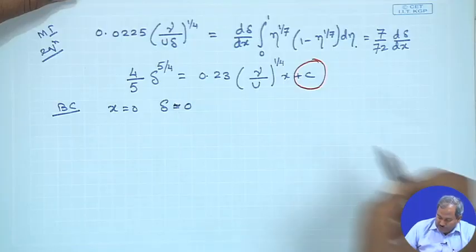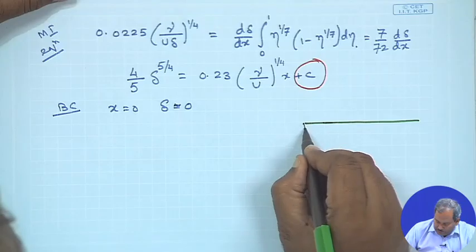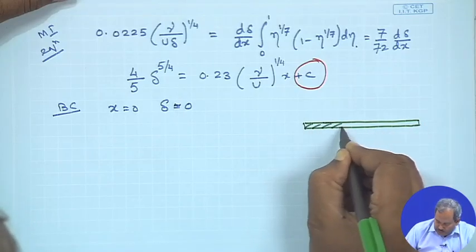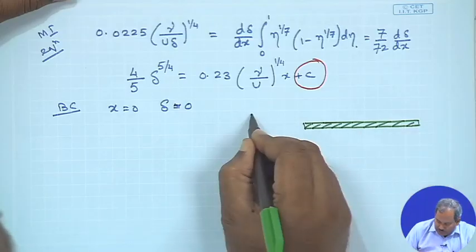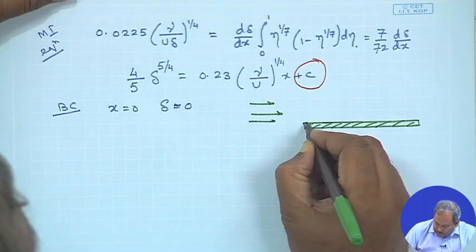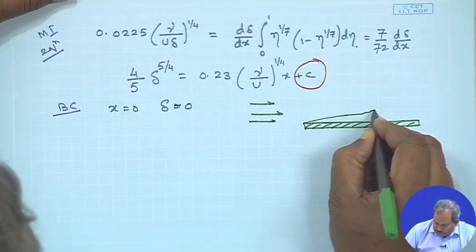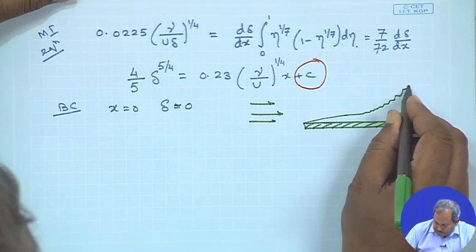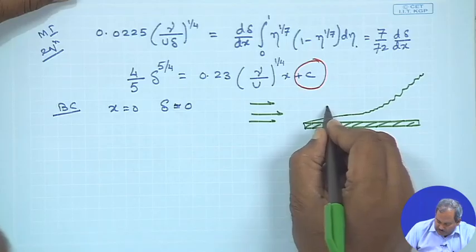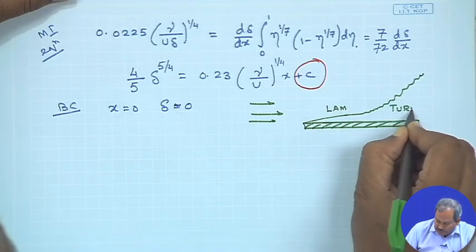Because if you see what happens for flow over a plate, when you have flow coming towards it, the boundary layer starts to grow, it stays laminar, and then at a certain point it starts to become turbulent, and then it rises rapidly. So, this part is laminar, this part is turbulent.